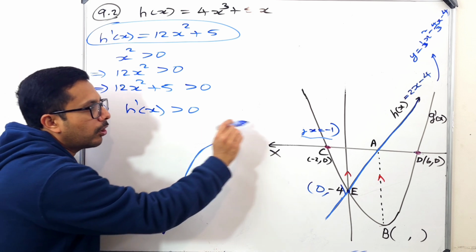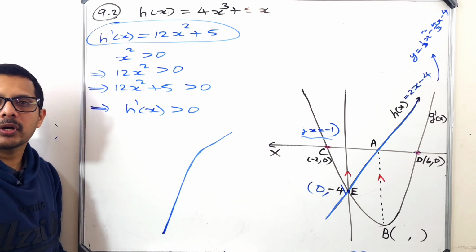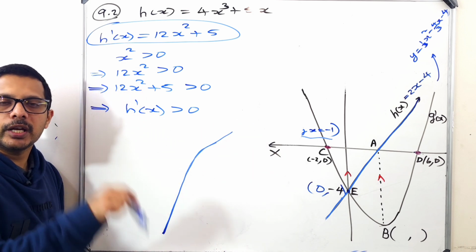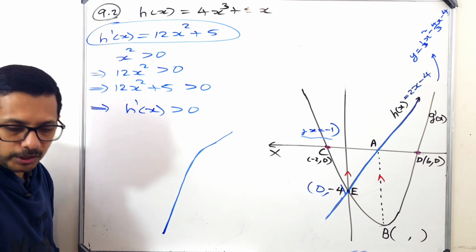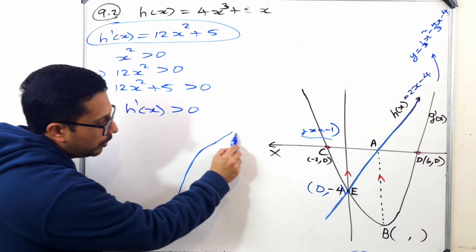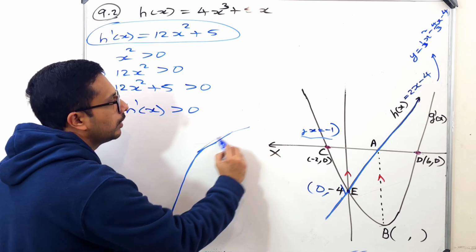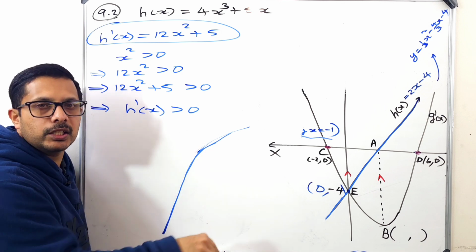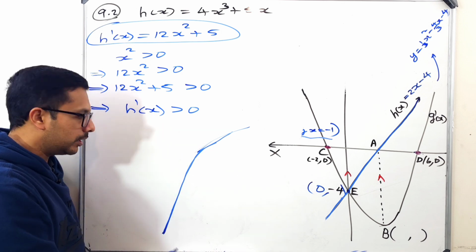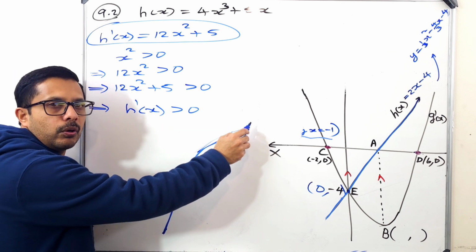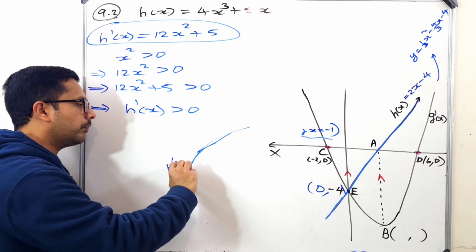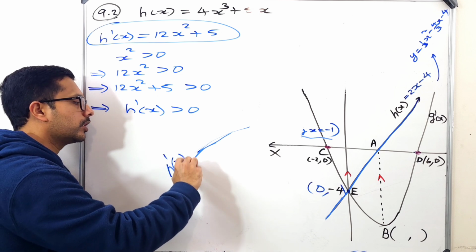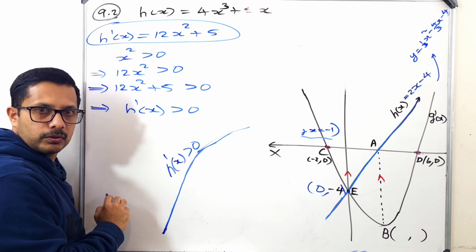So if it is not going down, is it possible to draw a tangent having a negative gradient? No. Only if it is going down can we draw a tangent with a negative gradient. But this graph is not going down. When the graph is increasing, what about the first derivative? Positive, am I right?